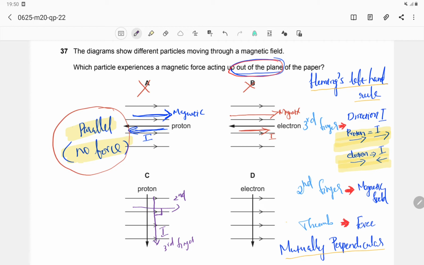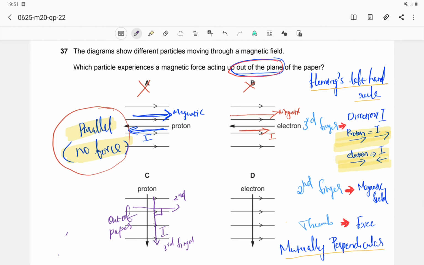Now you can keep your left hand and use Fleming's left hand rule, where the third finger should point downwards and the second finger should point towards right. So you can see your thumb will automatically be pointing out of the paper, or out of the plane, or towards your face.